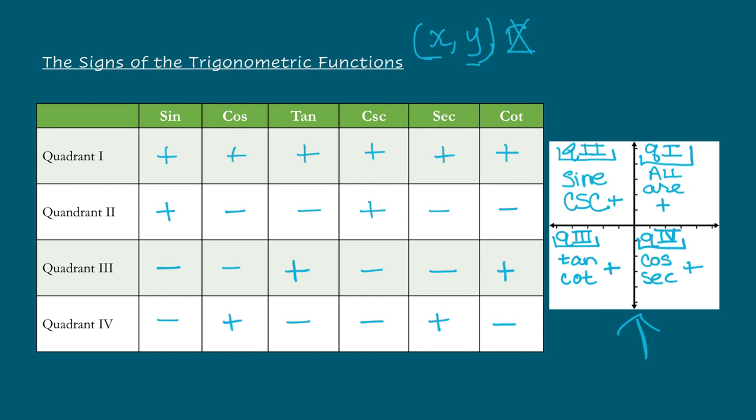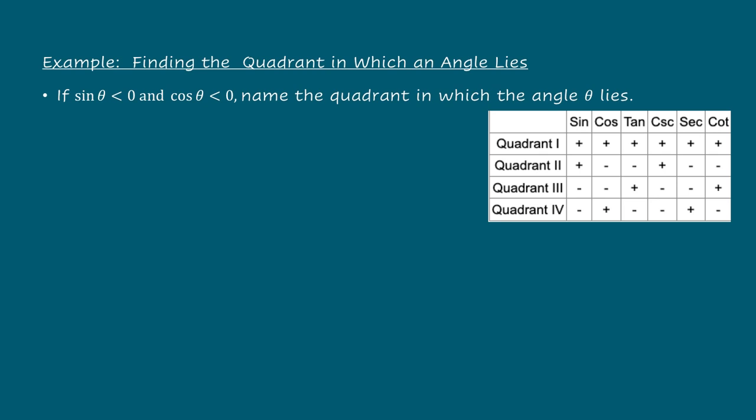So let's take a look at how we can use this to help us answer questions and solve problems. Let's say you are told that the sine of an angle is less than 0 and the cosine of an angle is less than 0, and we need to name the quadrant in which the angle lies.